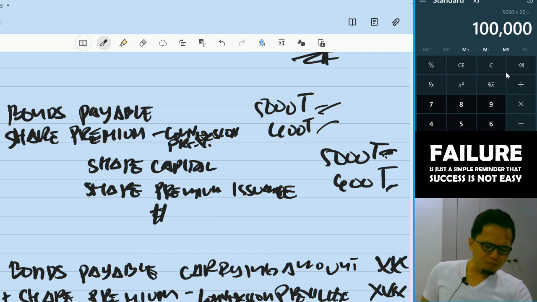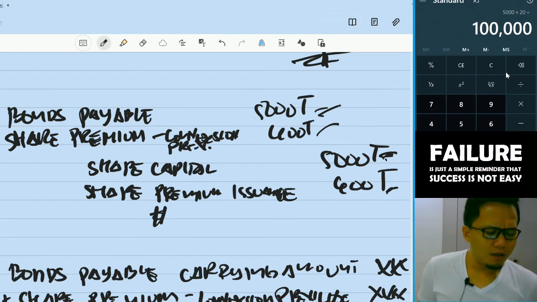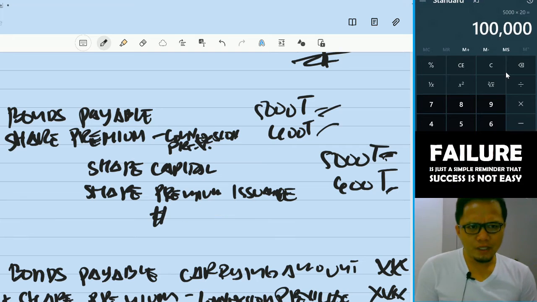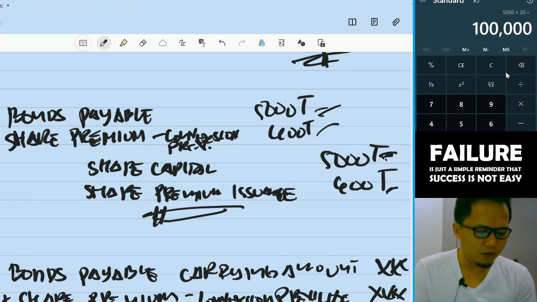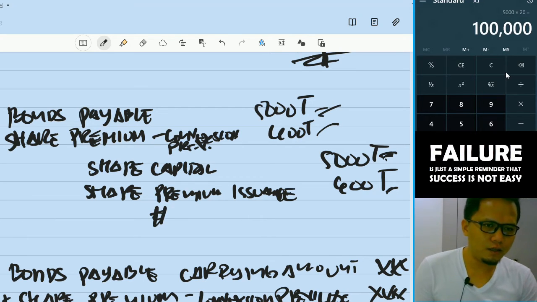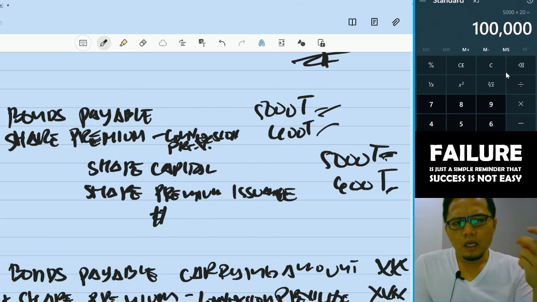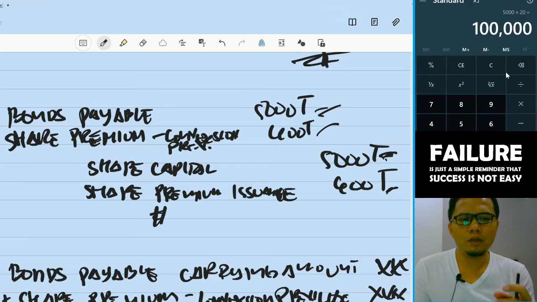Okay. So, meron pa tayong mga ibang scenario dito, no? Let's analyze this one by one now. If there is any accrued interest which is still unpaid on the date of conversion, we need to pay it. Klaro yun siya ha?